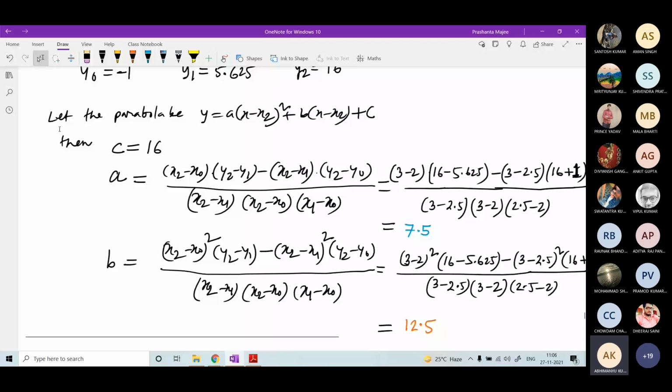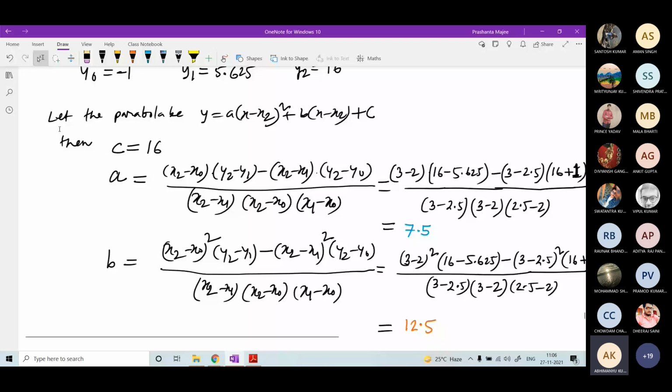So once you have the value of A, B, and C, you are ready to find X3. So X3 is x2 plus 2c by minus b plus minus root over b square minus 4ac.